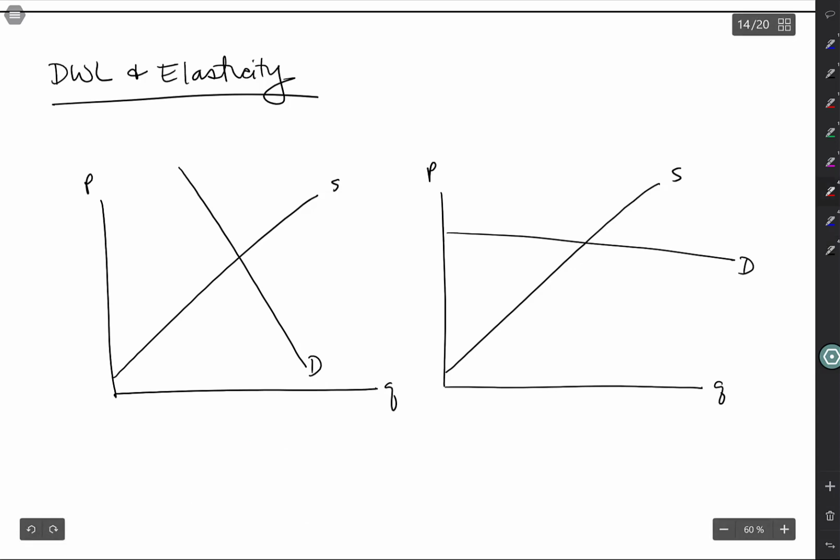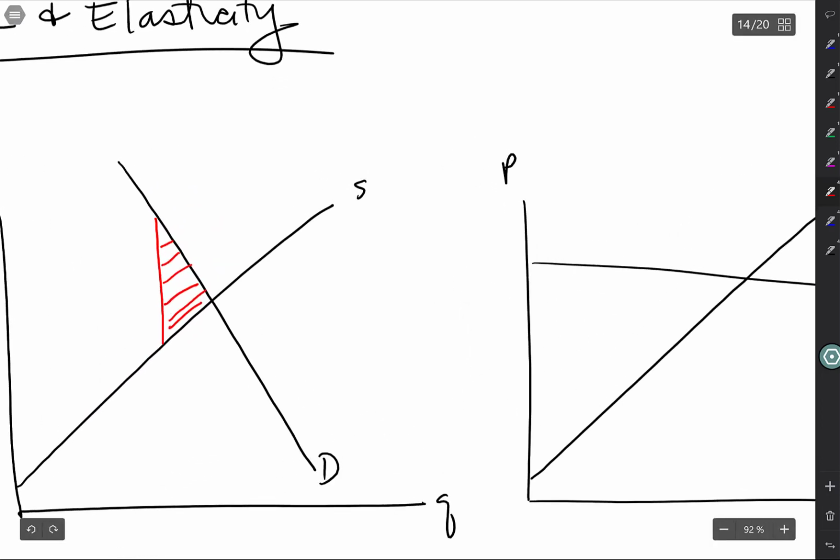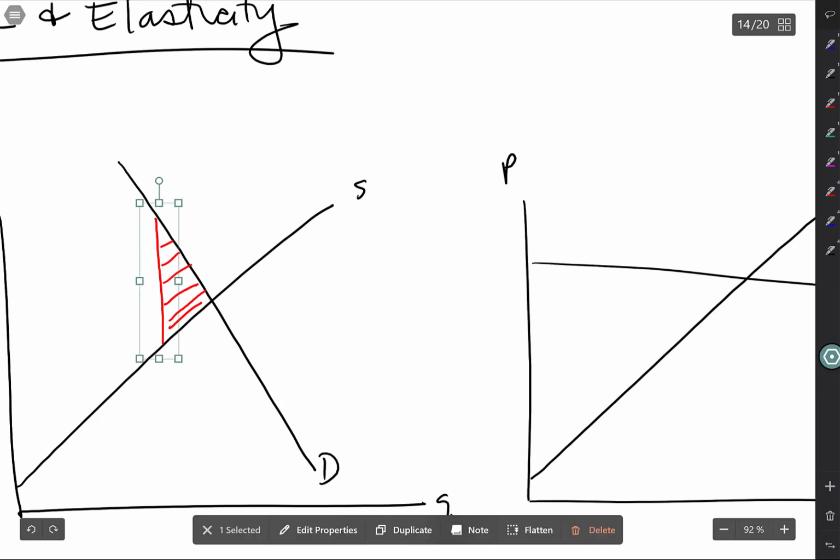And if I impose a tax here, from here to here, here's the deadweight loss of that tax. If I take that very same tax and move it over here and try to make it fit perfectly, there it is.